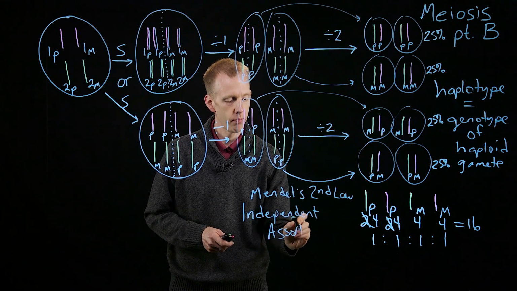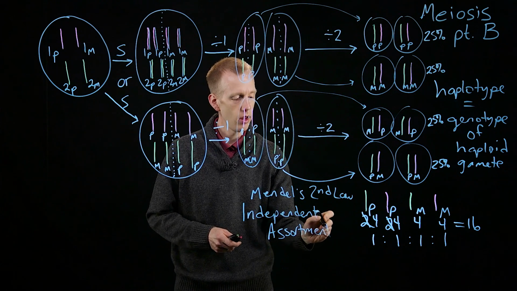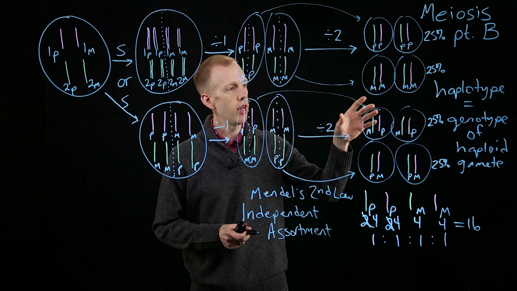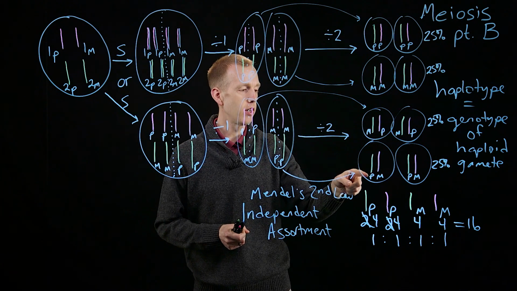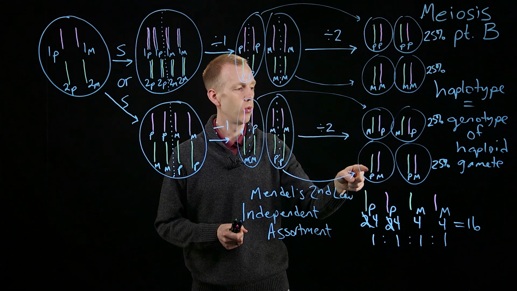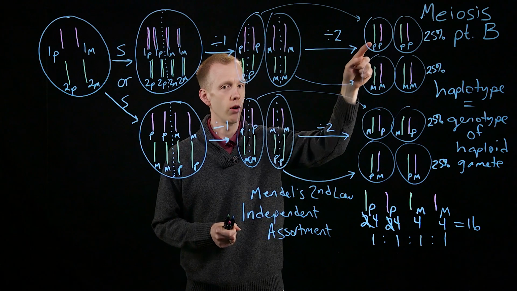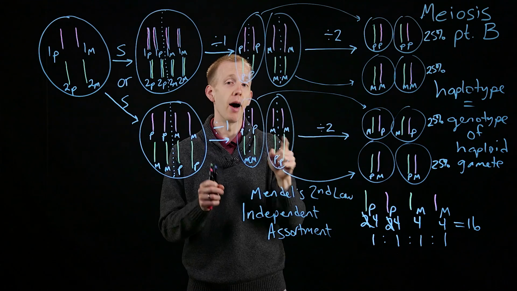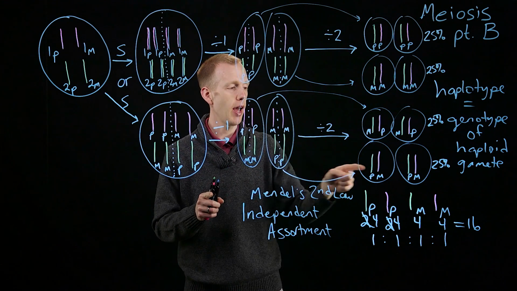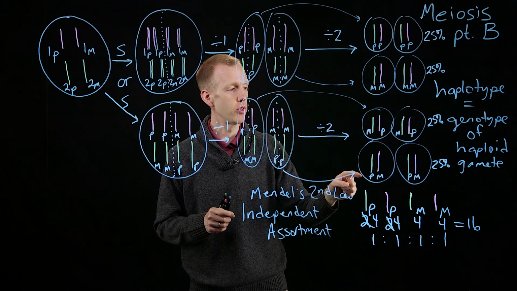Put another way, this tells us that 50% of all of these cells here have the green paternal 1, 2, 3, 4. Half of the 8 gametes have the green paternal version. But the independence comes in what happens to the other chromosome, the pink chromosome.